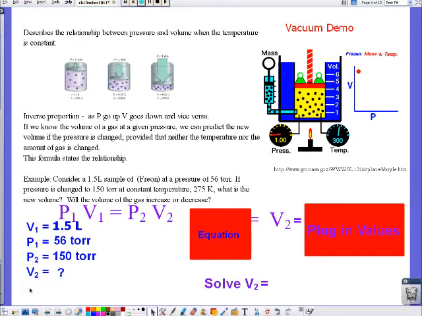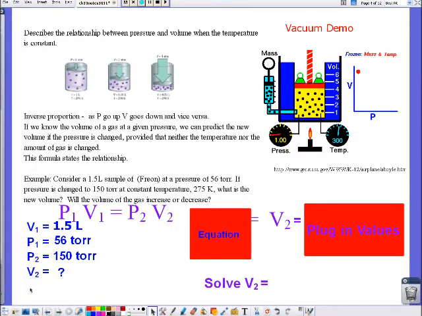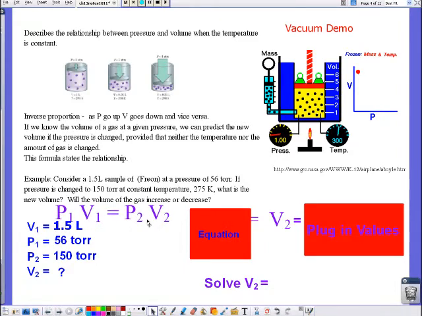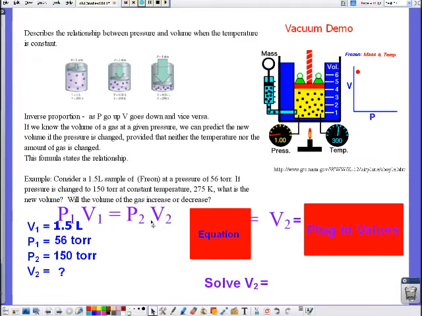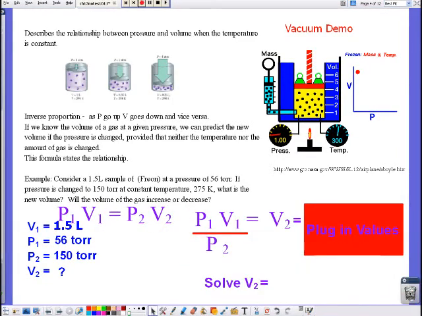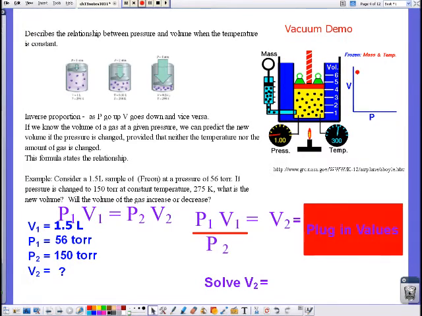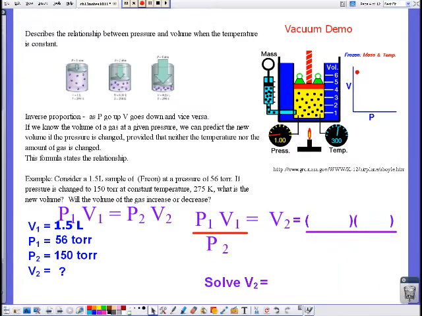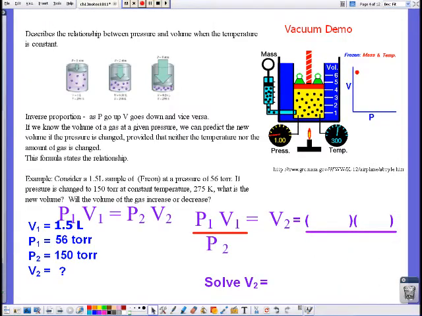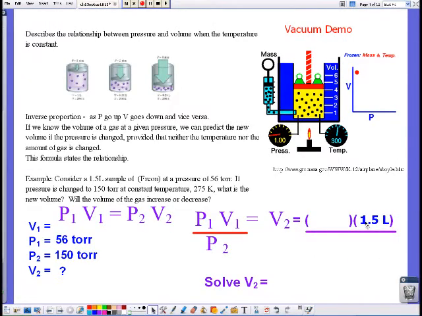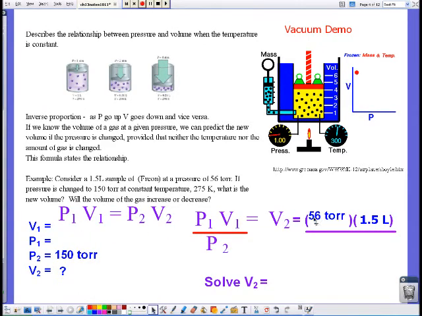Move the P2 over. And since this is being multiplied here, we'd have to divide it. Exactly. We're going to divide it over. So V2 equals P1V1 over P2. And then we're going to just plug these values in: P1 and V1 and P2 would equal our volume.